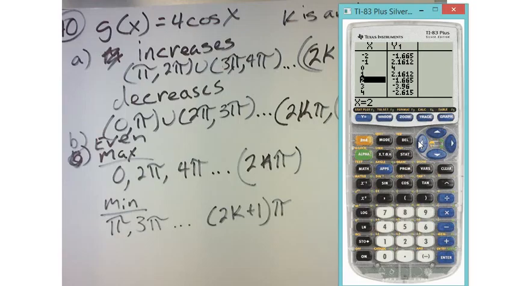If I plug in the opposite of that value for x, I'll still get the same number. For example, when I plug in +1 for x, I get 2.16 for y. But when I plug in -1 for x, I get positive 2.1612. So I get the same value whether I plug in a -1 or a +1. That only works on even functions. Okay?